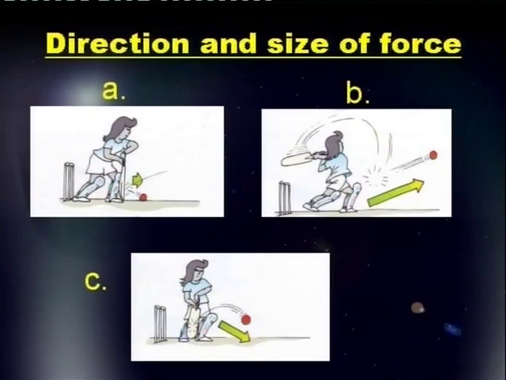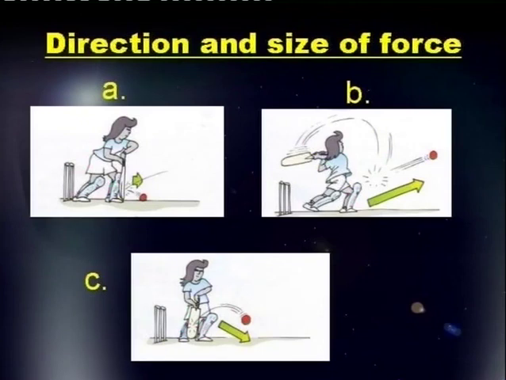I've labeled them A, B, and C. In a cricket game, a ball is being bowled, and the player tries to bat by hitting the ball away. All right, so there's some sort of force being used in there.